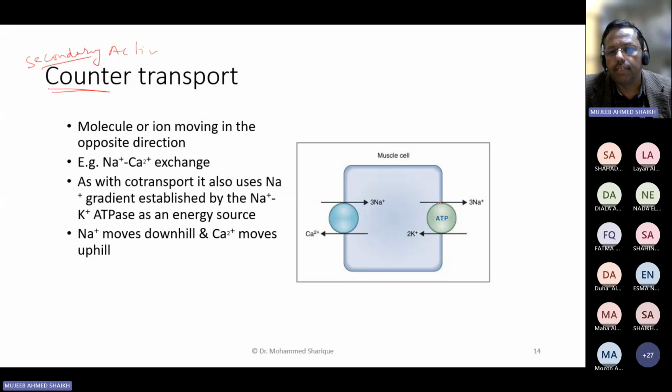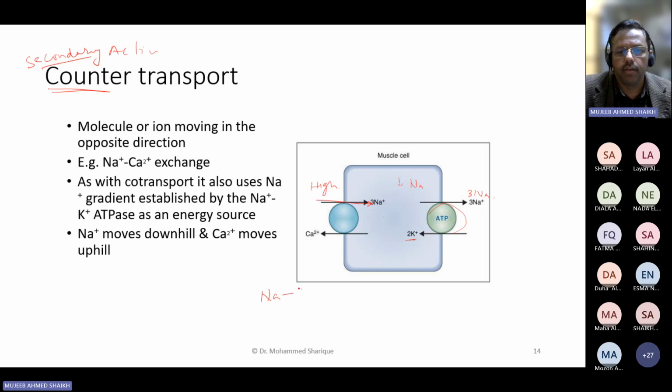Because of the sodium potassium ATPase pump, sodium concentration is decreasing inside the cell, right? This is throwing 3 sodium out all the time and taking only 2 potassium. So sodium is less inside the cell, and with high sodium concentration outside, sodium will try to move in, but now the channel is different, the sodium calcium channel.